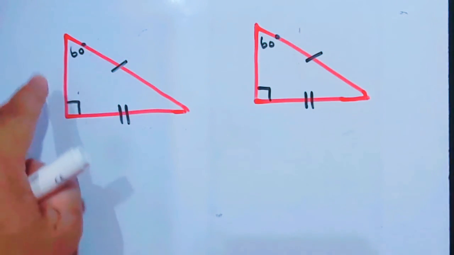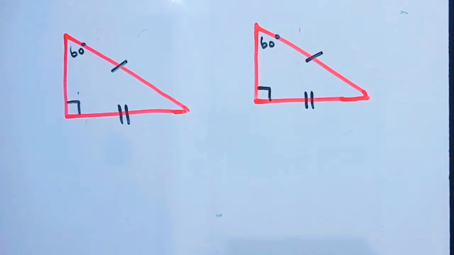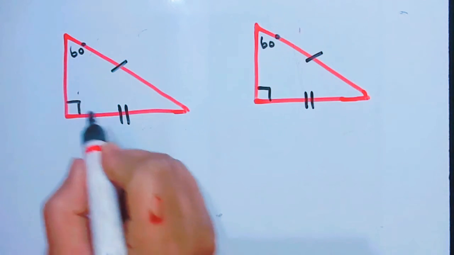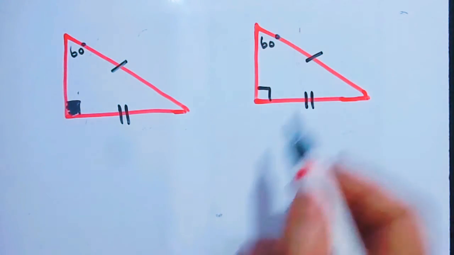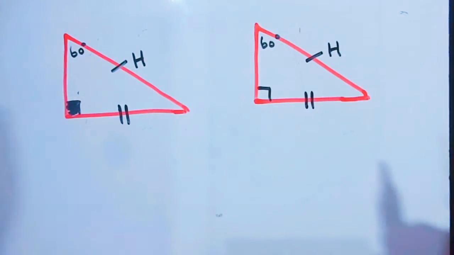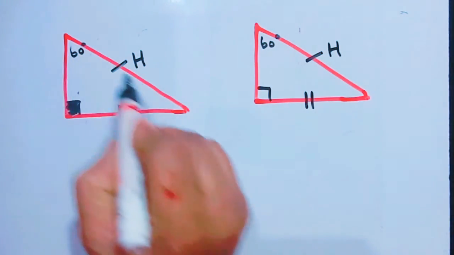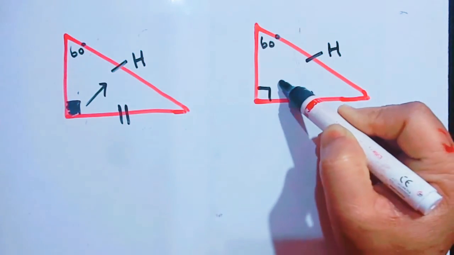Not that I have taken this particular side over here and I would take this particular side over here. So we say that in these two right angled triangles, the right angle is already given. If the hypotenuse is also given equal, what do you mean by the hypotenuse? The side which is opposite to the right angle is known as the hypotenuse.